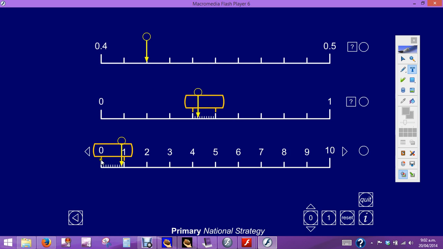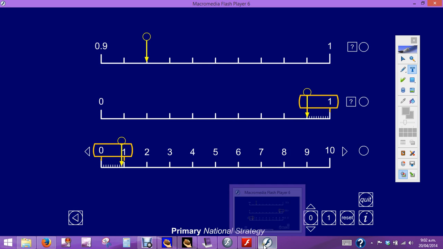The other one was 4 tenths and 2 hundredths, okay, but this one is 9 tenths of the way. .9 something, so it's further up the scale.